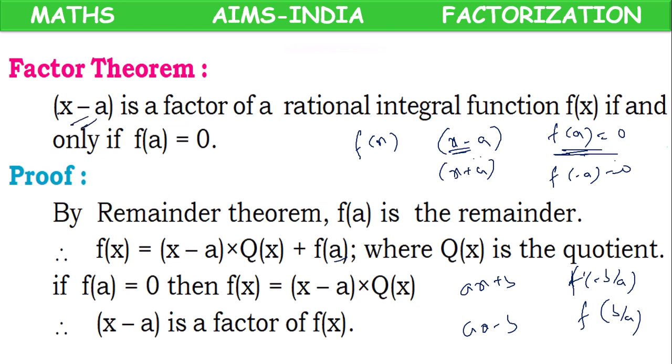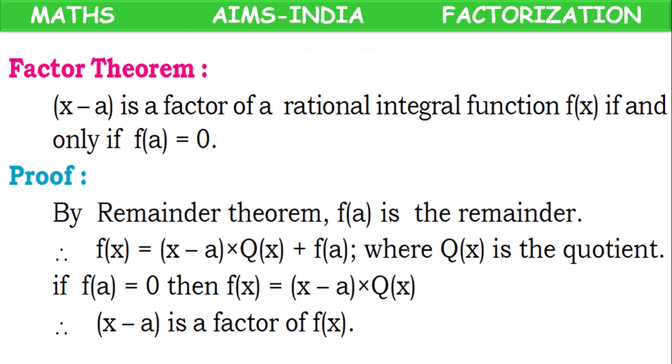For applying factor theorem, compulsorily you have to remember these 4 rules, so that by using them you can find the unknown quantities, find the solution of the equation, find the remainder, and cross check whether it is a factor or not. We have multiple uses of factor theorem, but the concept you have to understand first.